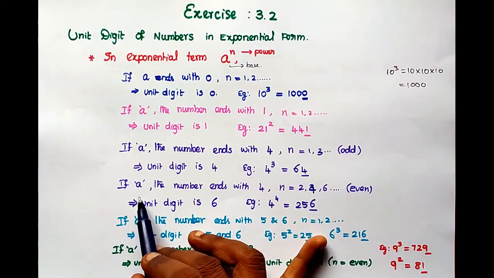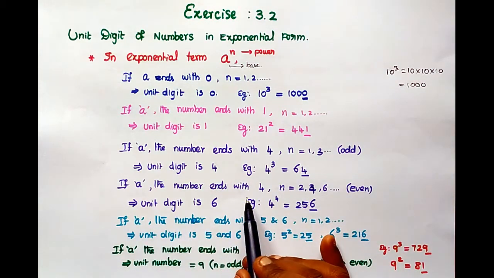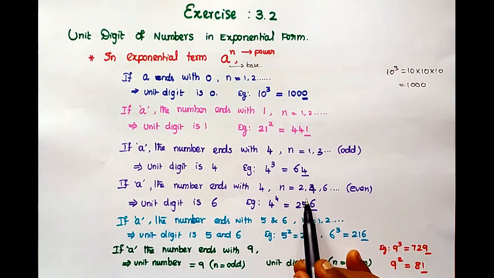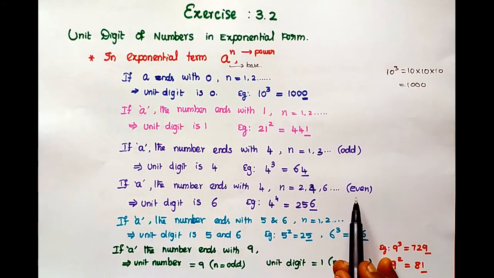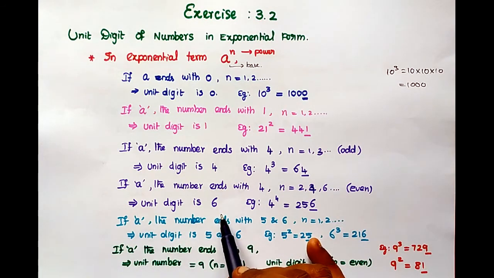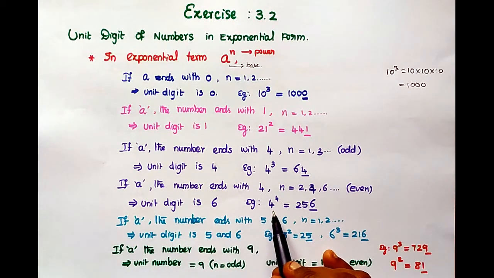Next one, the number ends with 4, same base number 4, and n equals 2, 4, 6, that means even numbers. Then the unit digit is 6. Listen, base number 4, power is an even number 4.